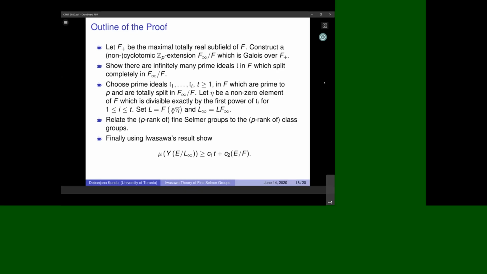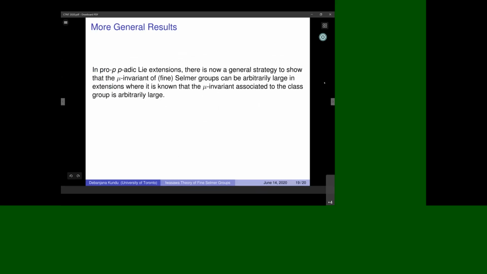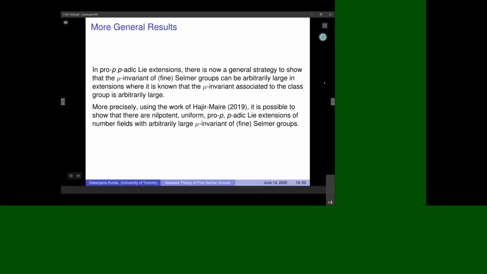So basically, if you give me any n, I can choose my t accordingly and produce for you a cyclic extension and a ZP extension over it, such that the mu invariant of the fine Selmer group becomes arbitrarily large. And I should mention that this can actually also be extended to other pro-p-adic Lie extensions.